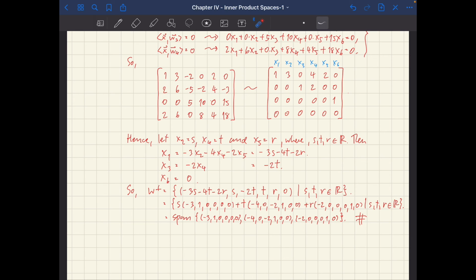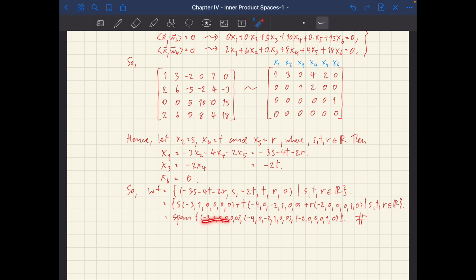Because the first two vectors are not scalar multiples of each other, and we cannot write the third vector as a linear combination of the first two vectors.